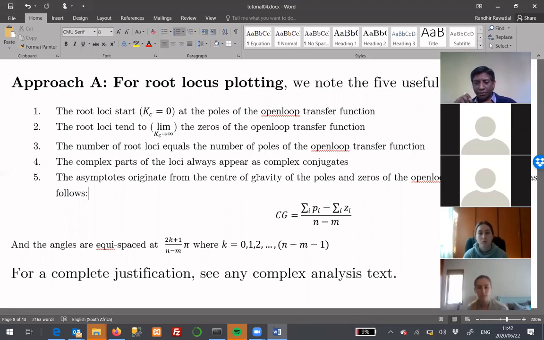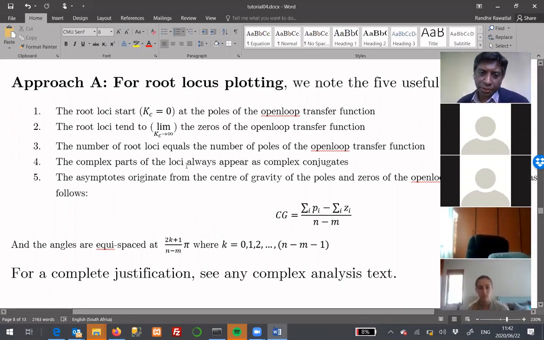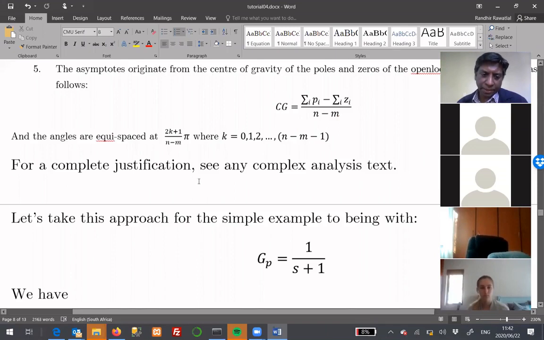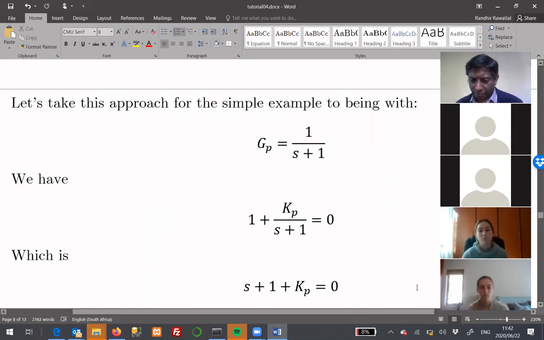So the center of gravity is a useful point in sketching out your solution. So you've got your starting points, you've got a center of gravity, and you've got asymptotes. And all that is quite enough to sketch out a solution. So without solving for each point using code, you can use these 5 principles to draw out your root locus plot. And we have an example of that here.